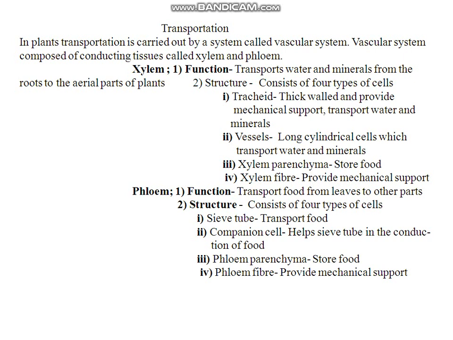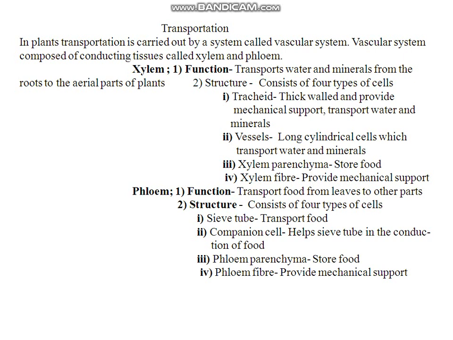In plants, transportation is carried out by a system called the vascular system, which is composed of two conducting tissues, that is xylem and phloem. Xylem conducts water and minerals, and phloem conducts food in the plant body.